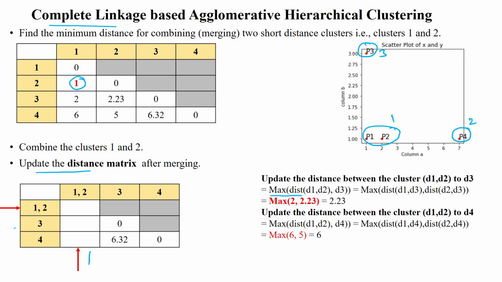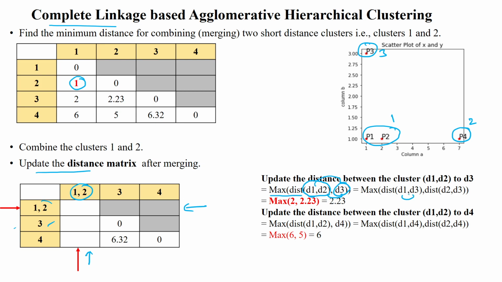So now we have to update the column and row of the combined cluster. Now we have to calculate the distance between (1,2) and 3, that is, d1,d3 and d2,d3.